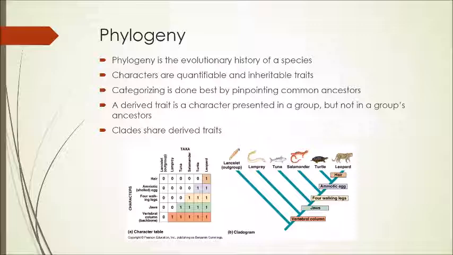And one of the ways we look for these things is characters, and not necessarily a character like a letter or a symbol or a character in a movie. It means something different here. It's pretty much any quantifiable or heritable trait. Say, how many segments are in the backbone of this animal, or does this animal have wings, and how are they used?